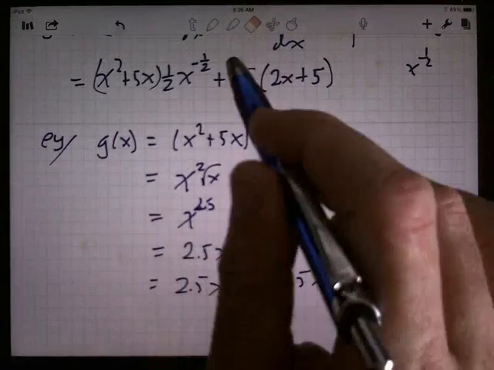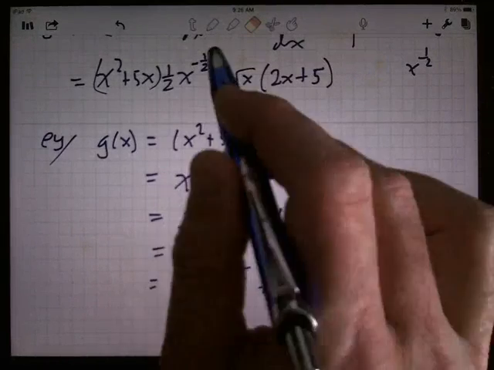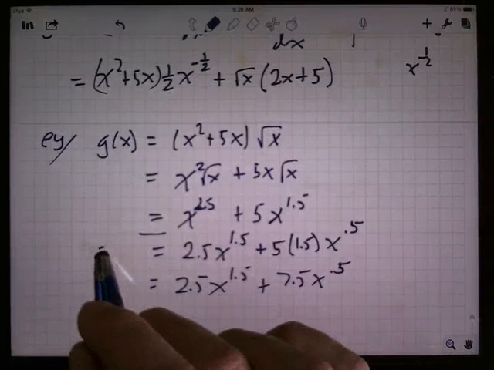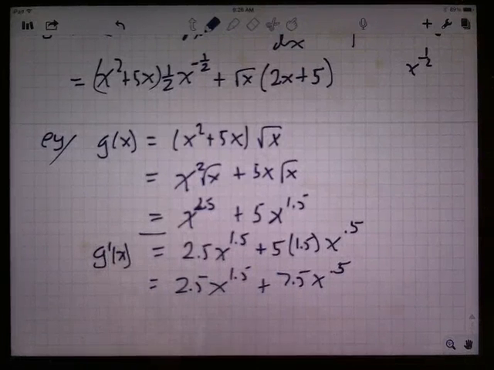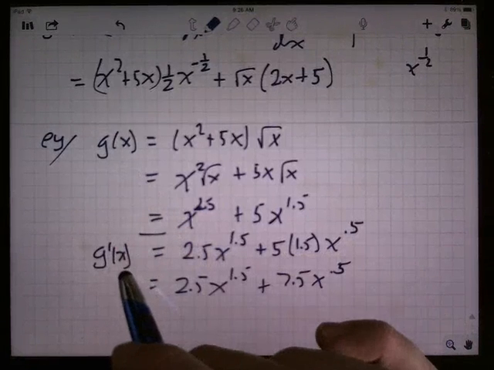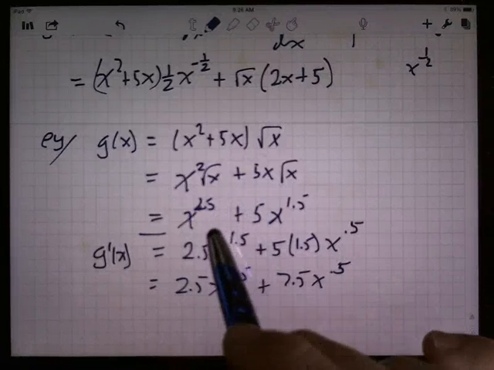Where did this stop being g and start being the derivative? It was actually right here where I started taking the derivative. So that was g. This is now g prime of x. The thing is, we're going to distinguish between the function and its derivative. This is a brand new function. It's not that one. It's telling us the slopes of that one.